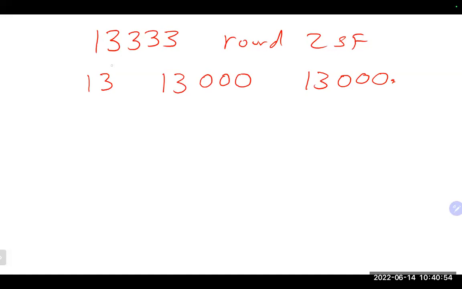Well, let's take a look. We'll start with this one. How many significant figures is this? It is 2 significant figures. So, hey, we're happy. Now, the problem with that number is if I owed you $13,333 and I said, hey, I'm going to give you 2 significant figures, here's $13. I'm probably not going to make it out of the room. You're not going to give me that much of a discount.